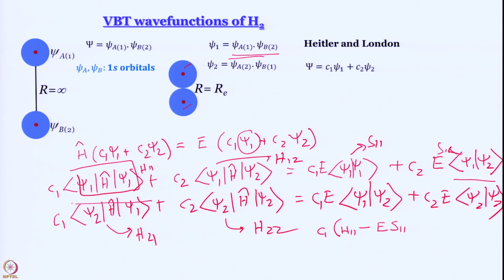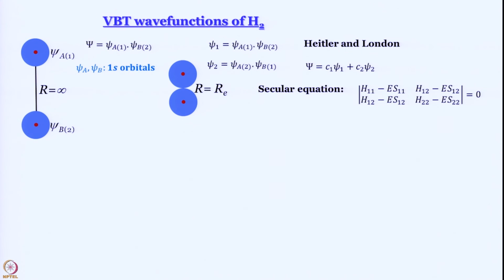This is S12, plus C2 multiplied by H12 minus E S12, and this way we get another equation also in C1 and C2. So, system of linear equations we will get the secular determinant, and for a non-trivial solution that secular determinant has to be equal to 0. So, now let me show you that secular determinant. Here is the secular equation, okay.